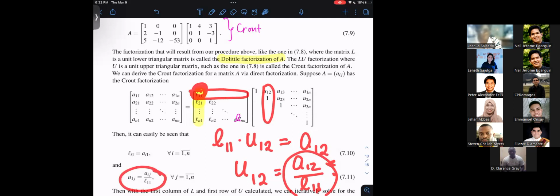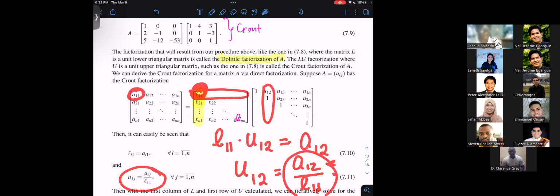Any other guesses? Why am I sure that L11 is not equal to 0? Okay, clue. Look at it another way. L11 is equal to what in terms of the matrix A? L11 is equal to A11, right?